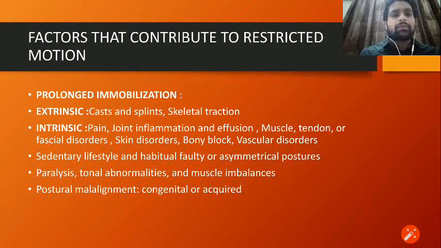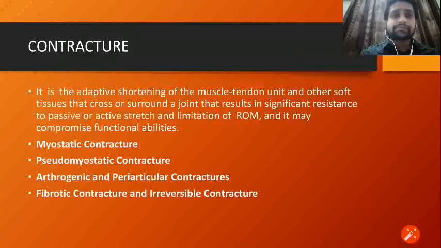Sedentary lifestyles and habitual faulty or asymmetrical postures can also lead to hypomobility. Paralysis, tonal abnormalities and muscle imbalances can also lead to hypomobility, as can postural malalignment, congenital or acquired, for example scoliosis.